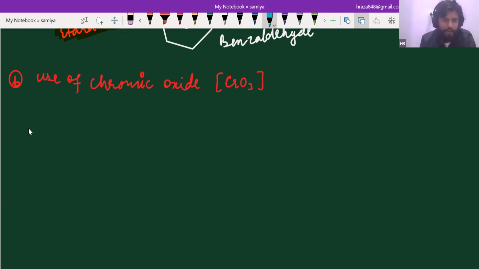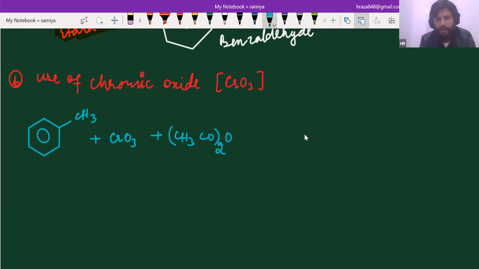This is your methyl benzene that I'm going to draw. If you are going to use chromic oxide, it will be used in the presence of acetic anhydride, CH3CO whole twice O, that is acid anhydride, at cold temperature, or you can say 0 to 10 degrees centigrade.